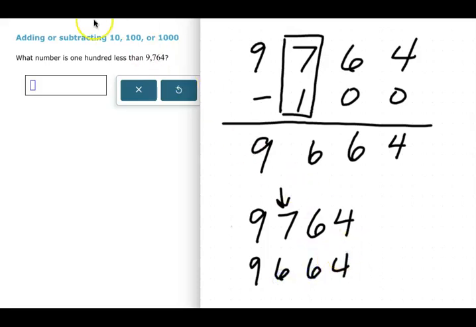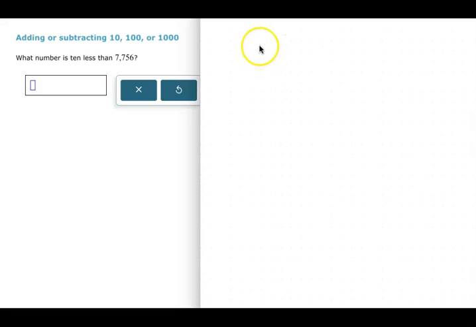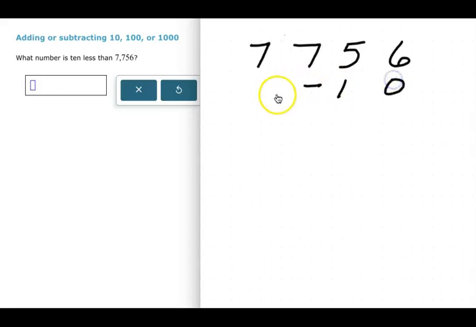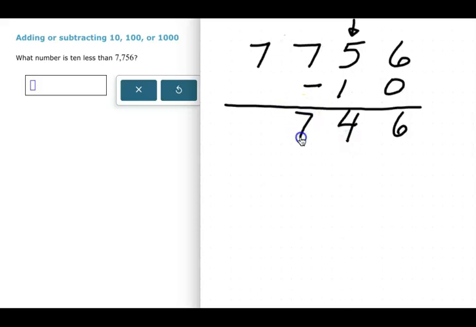I think we can squeak in one more. Okay, what number is 10 less than 7,756? All right, big number, but we want to focus on the tens because we want 10 less. And notice when I subtract 10, it's only going to impact the tens column. 6 take away 0 is 6, 5 take away 1 is 4, 7 doesn't change, 7 doesn't change.